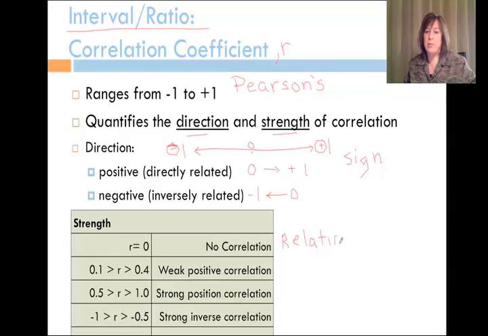The table is missing a row down at the bottom, and I'm just going to tell you what this one says. Minus 0.4 to about minus 0.1 is a weak inverse relationship.